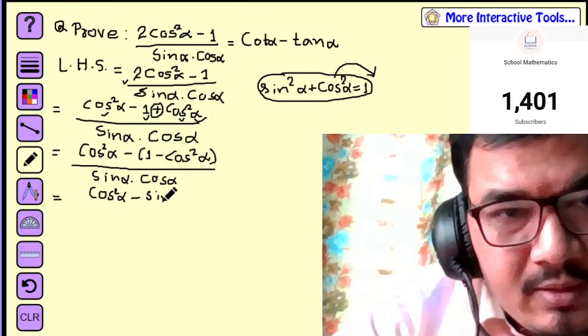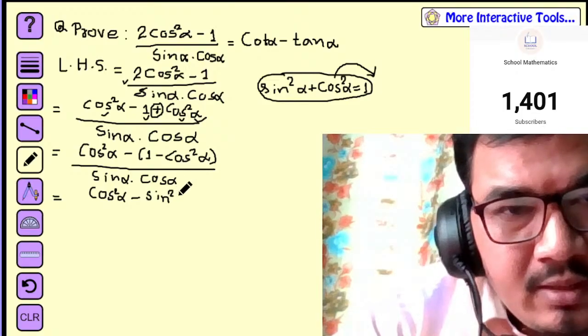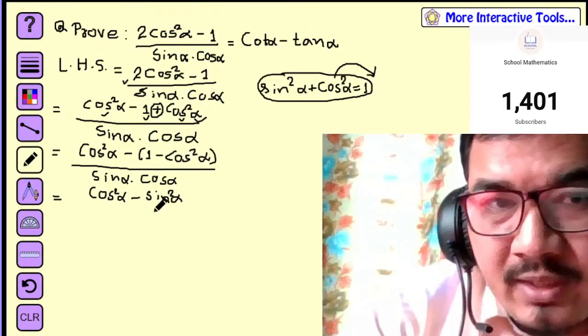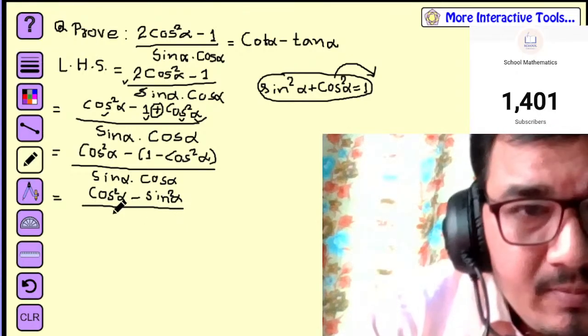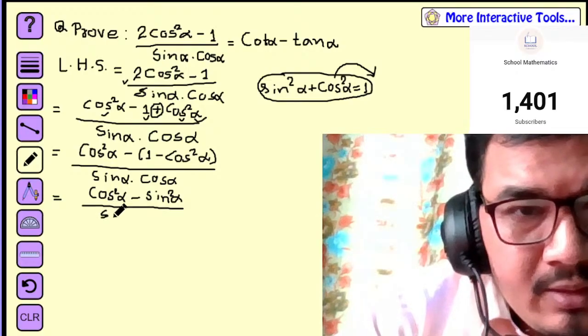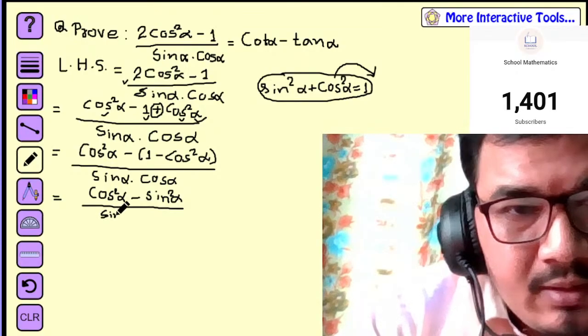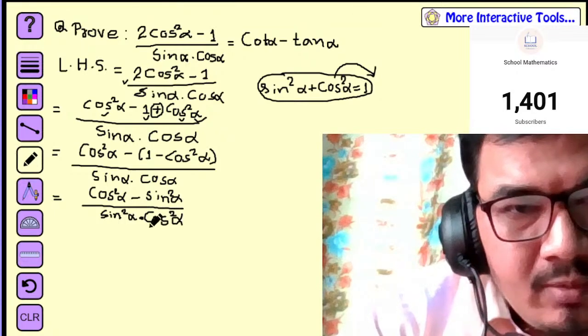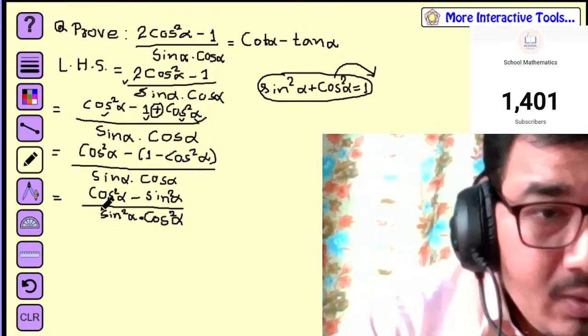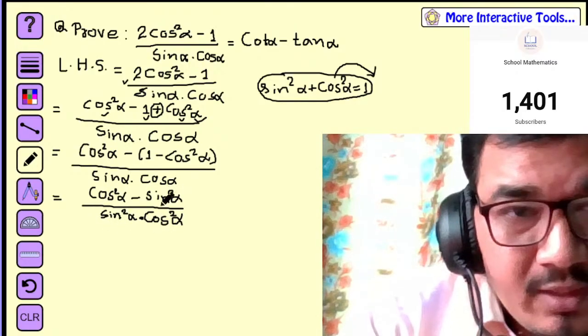Sine square alpha, and its whole upon sine square alpha into cos square alpha, the same. There is a single term in the denominator, and the upper one, the numerator, is two terms.